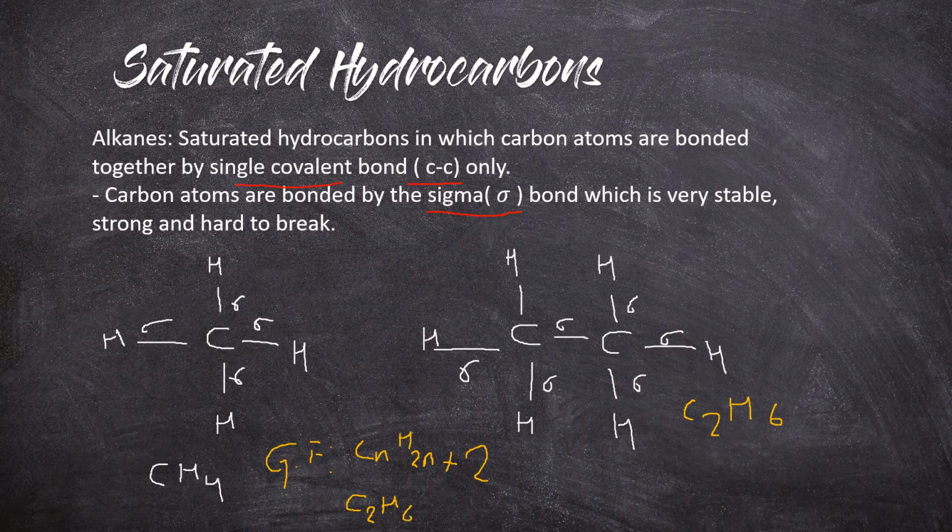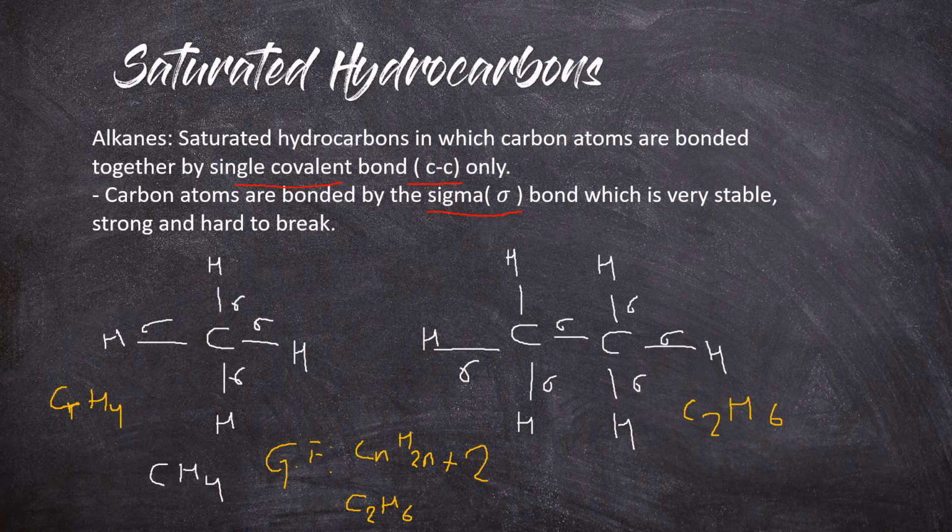So directly you can apply this formula. CnH2n plus 2 is the general formula of alkanes, the saturated hydrocarbons. The same thing applies here: we have one carbon, so 1 into 2 plus 2 is 4 hydrogen. Like that, do not get confused.